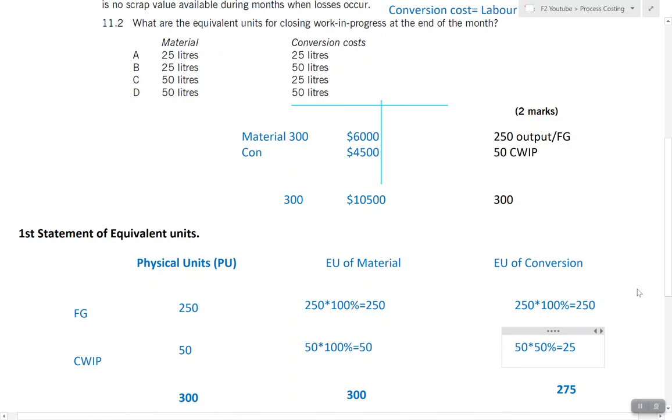Even though physically the closing work in progress is 50 units, because the work done in respect of conversion cost is only 50%, they equal 25 completed units.